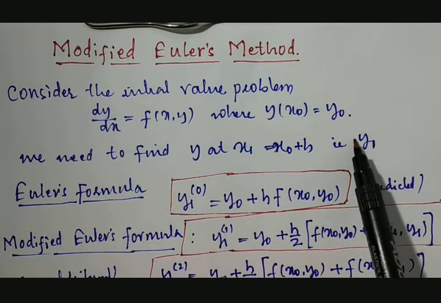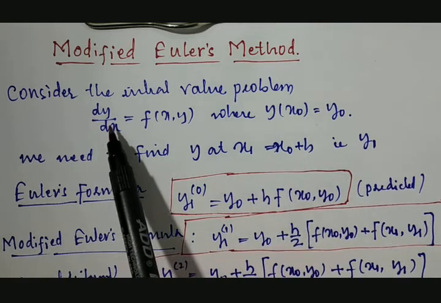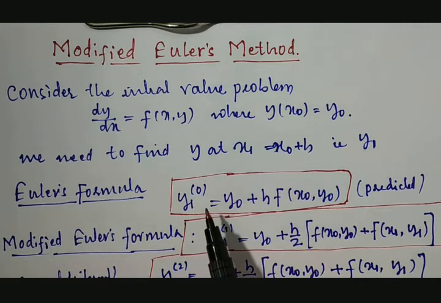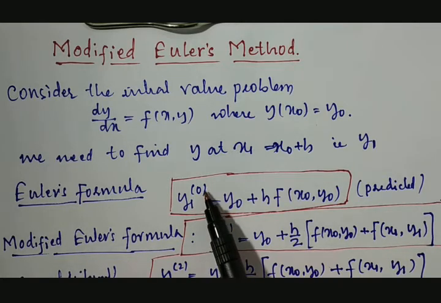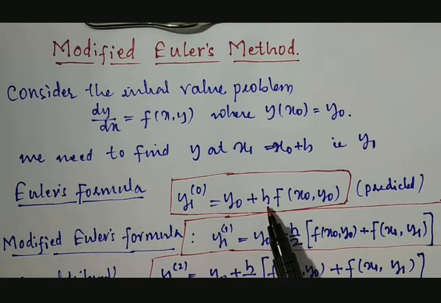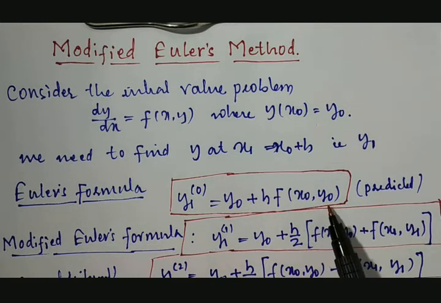So to obtain the value of y1 from this dy by dx, we are going to use this formula, which is known as Euler's formula. Euler's formula says y1 of 0, where 0 stands for initial, so initial approximation of y1 is equal to y0 plus h into f of x0 comma y0.